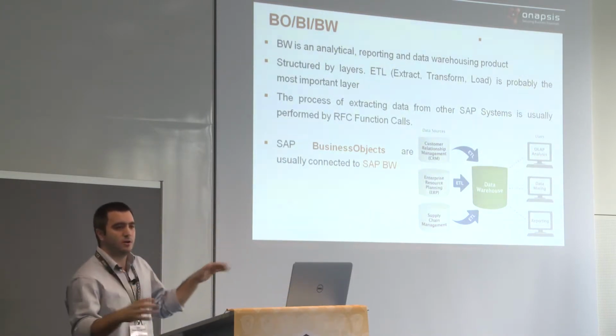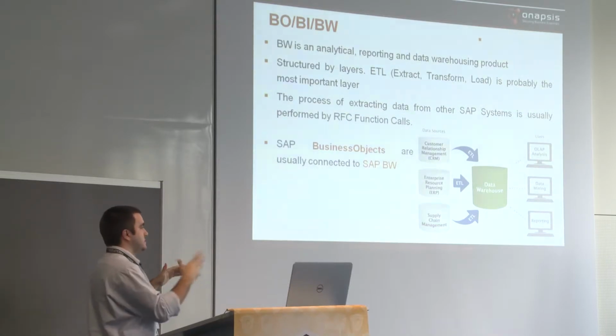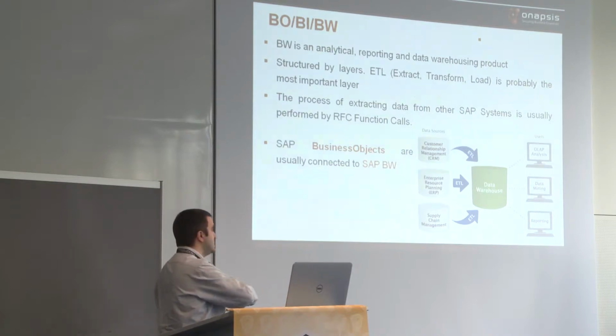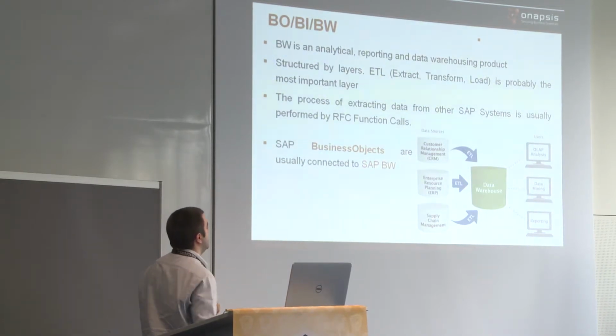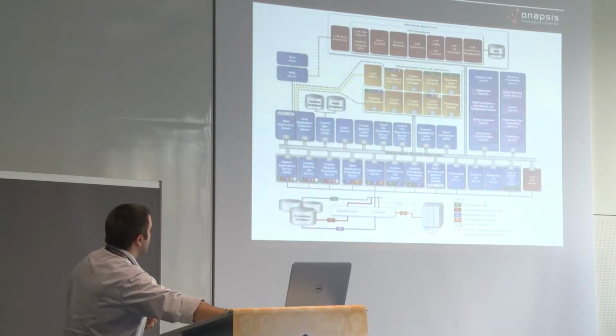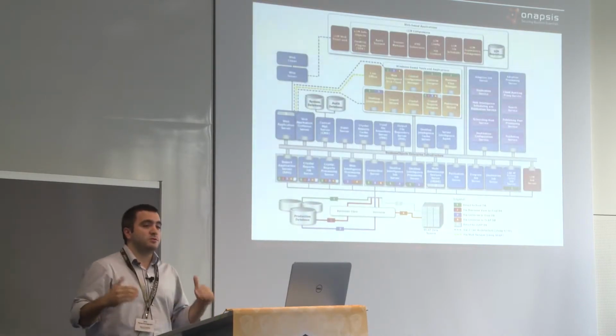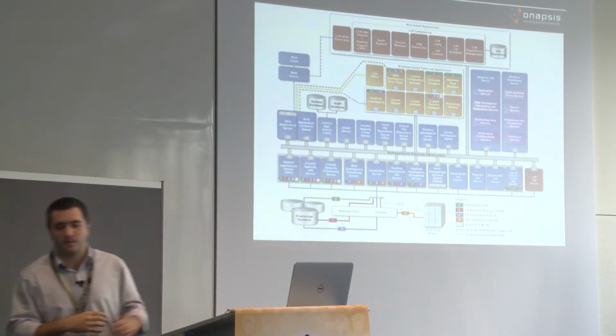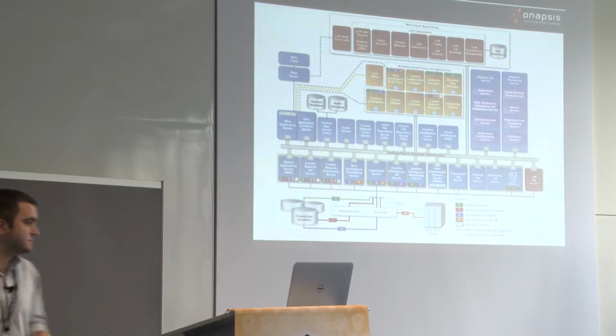So somehow the information is flowing to a BW, and then the BO is actually consuming that information. So now Will is going to describe in detail the architecture and some of the more technical parts.